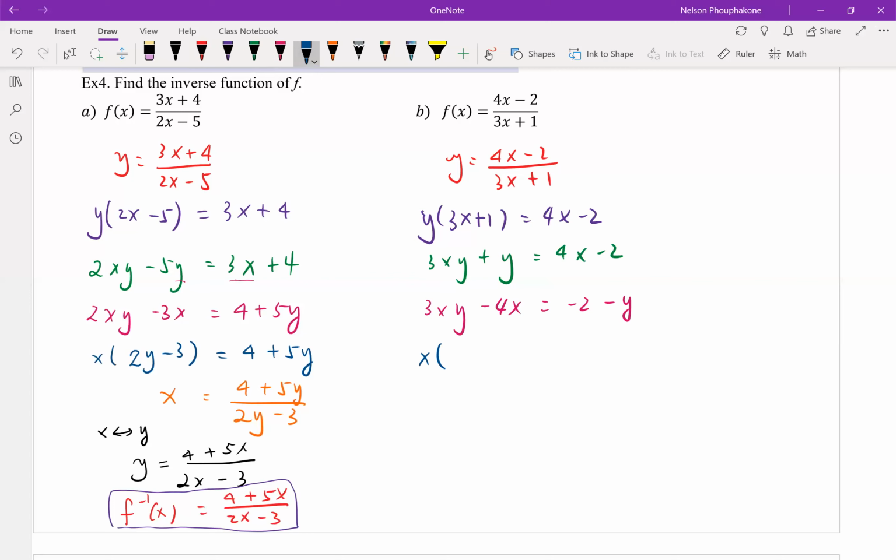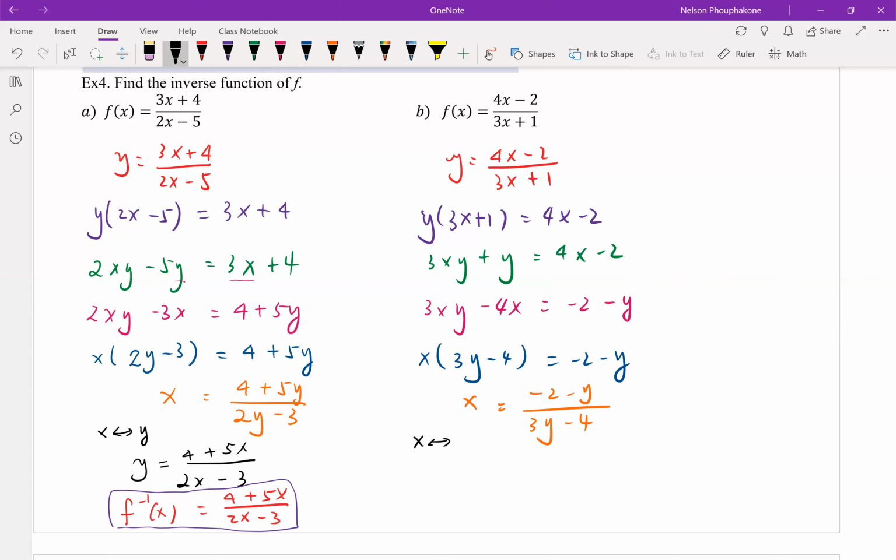We factor the x. Then we divide both sides by 3y minus 4. So in this case, we solve for x.